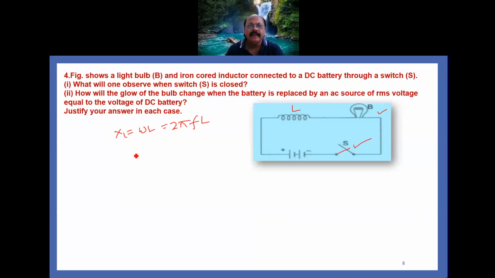So XL here for DC becomes 0, because for DC F equal to 0. Already I explained, I just remind your memory.